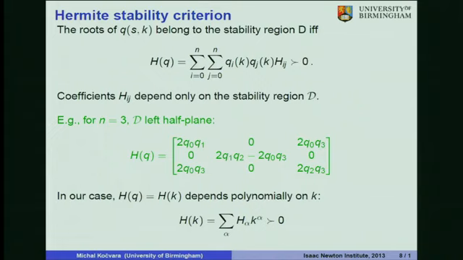And what is that matrix? That's the product of the coefficients of our characteristic polynomial, qi times qj, multiplied by certain matrices.